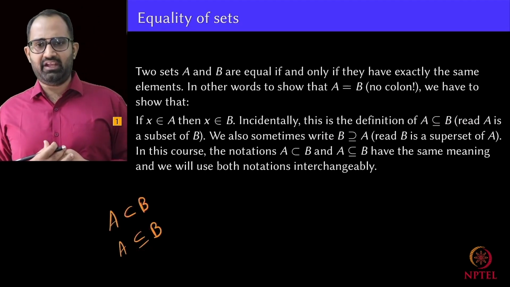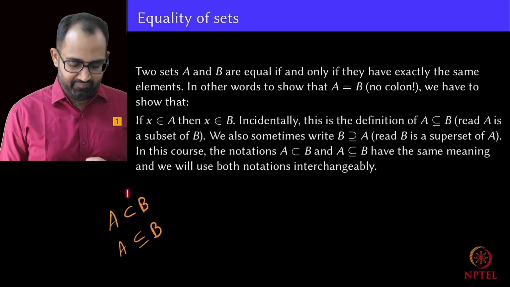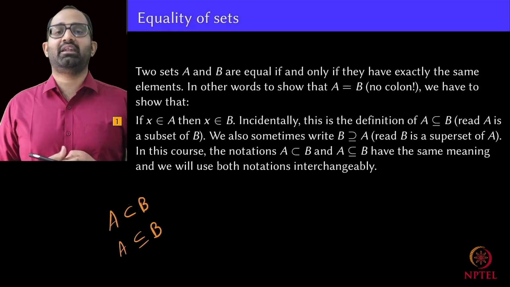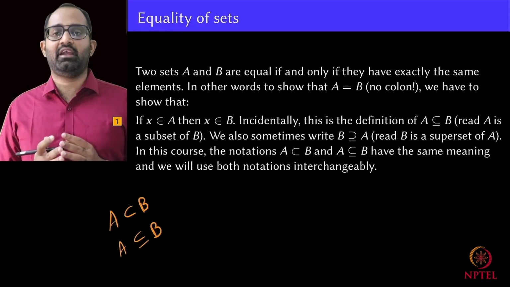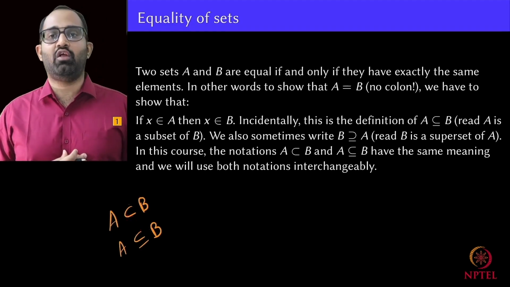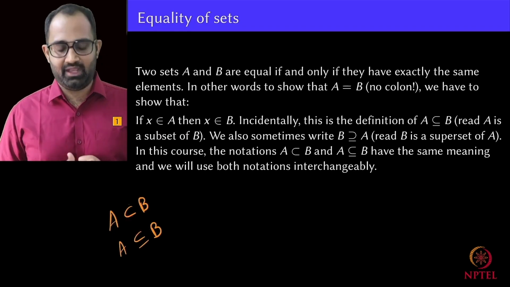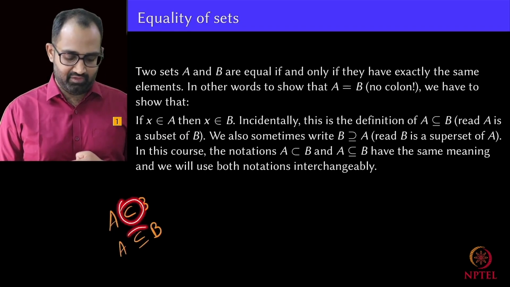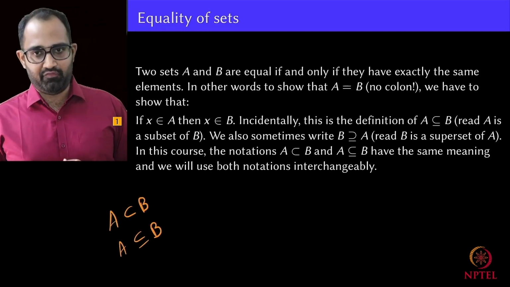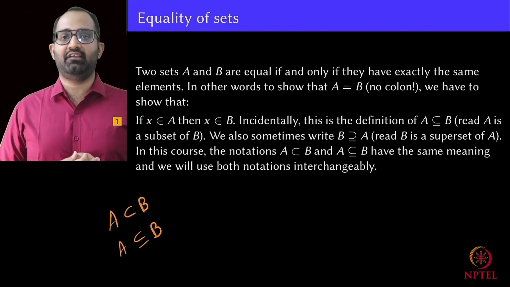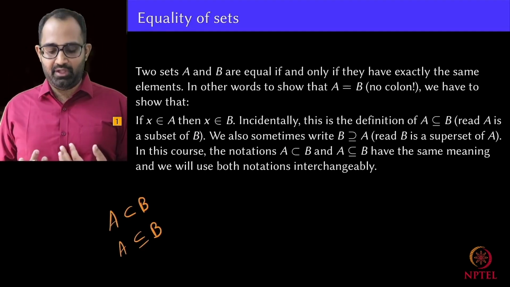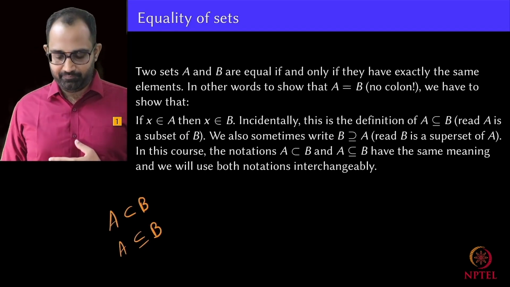In some textbooks, this has a different meaning. This means A is a proper subset of B in some textbooks, but the vast majority of mathematical authors do not think of these two symbols as different, and we will also not think of them as different. Sometimes I will use this, sometimes I will use this. Okay? So A subset of B and B superset of A are the same thing, and this happens whenever X is an element of A, X is an element of B.